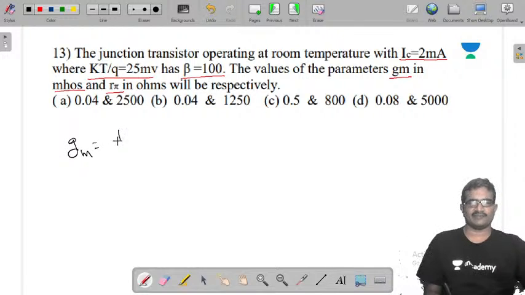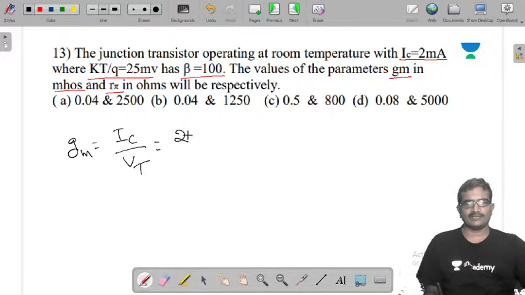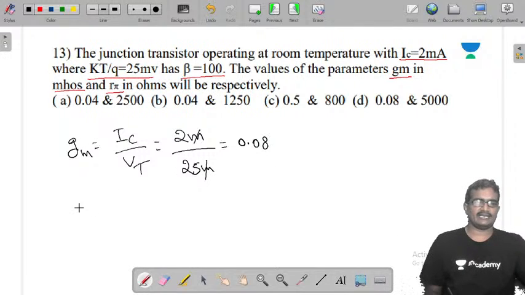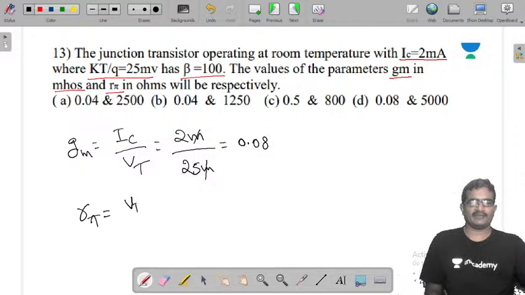GM is IC by VT. IC they given 2 milli, VT 25 milli. Okay, 2 by 25, so it is 0.08. Okay, and after that R pi is VT by IB.